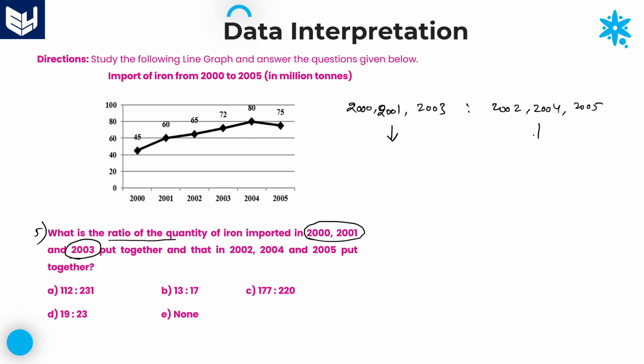In these 3 years, what is the quantity of iron imported together, and in the other 3 years, what is the total iron imported? Take the values of these 3 years and add those three values together.